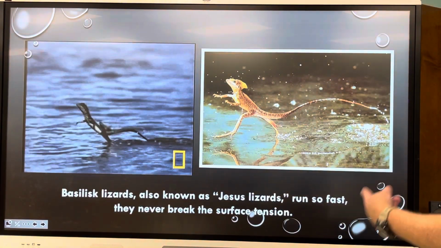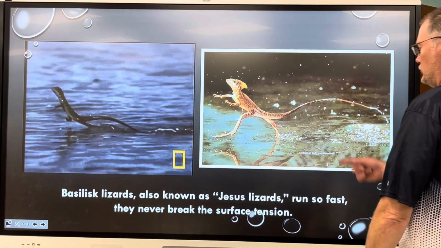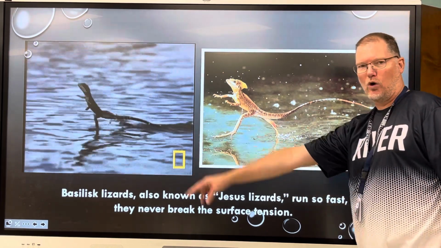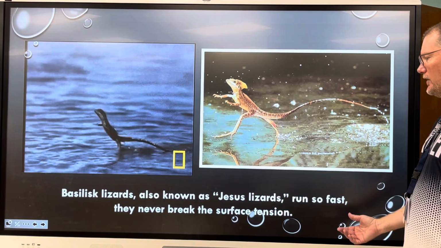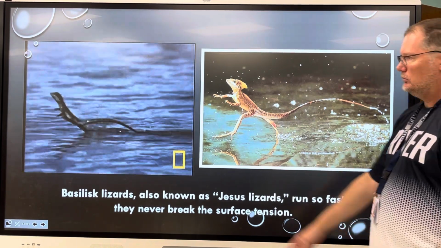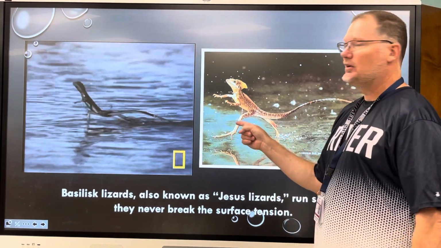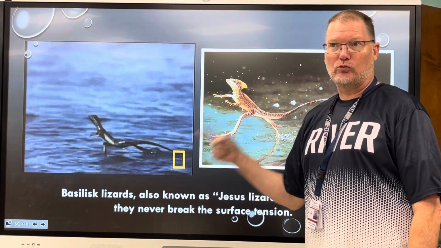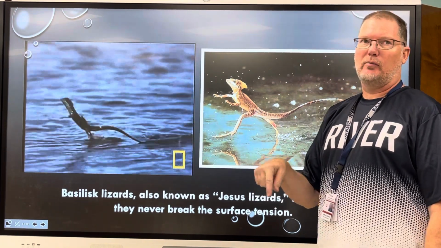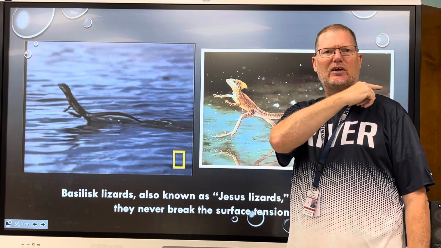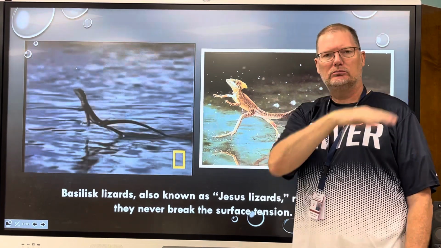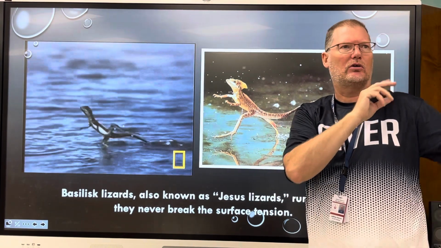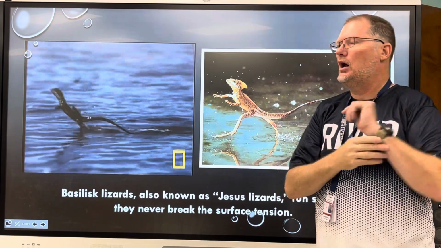All right, and then basilisk lizards, also known as Jesus lizards, because they walk on water. They run so fast, they never break the surface tension. And we have these here in Florida now. Right here in Boca. I saw them at one of those wildlife parks we have just inland, right up the road here.